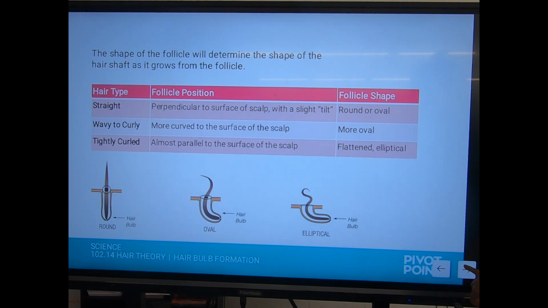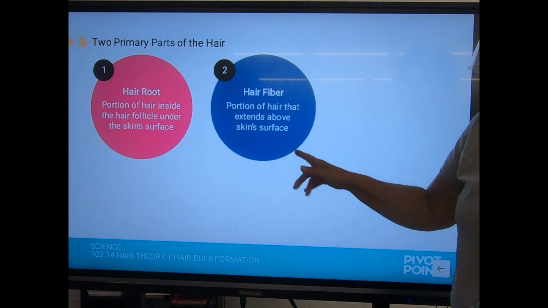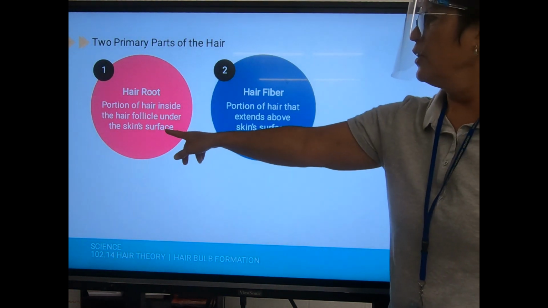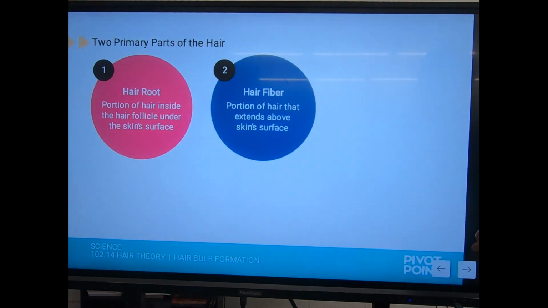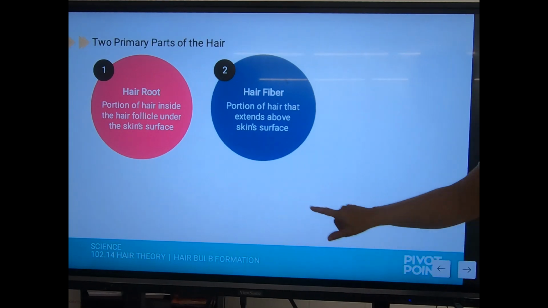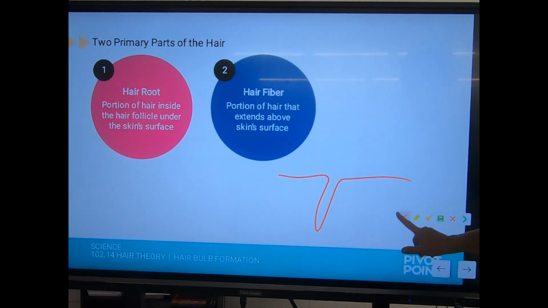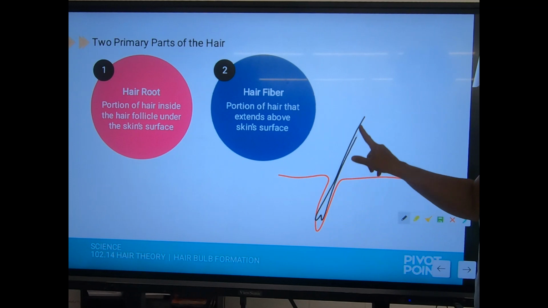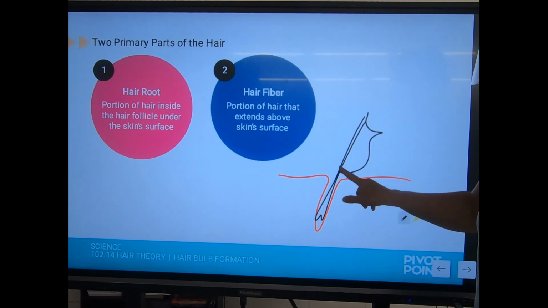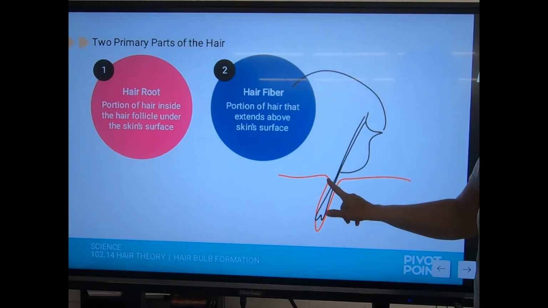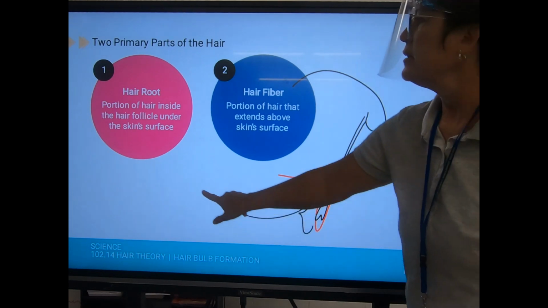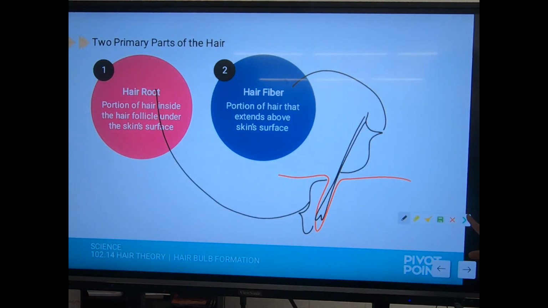Okay, let me see. All right, so I already talked about this. You've got your hair root, you've got your hair fiber. Okay, and remember the other name for that is your hair shaft. The part we can see is the fiber or the shaft. The part we can't see is the hair root.